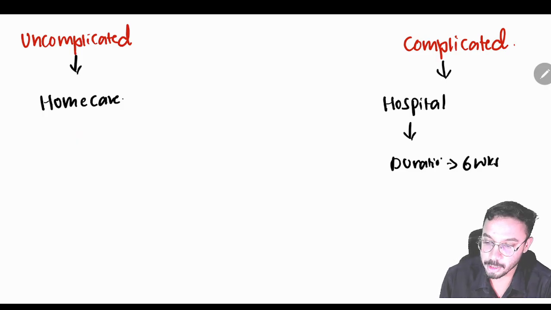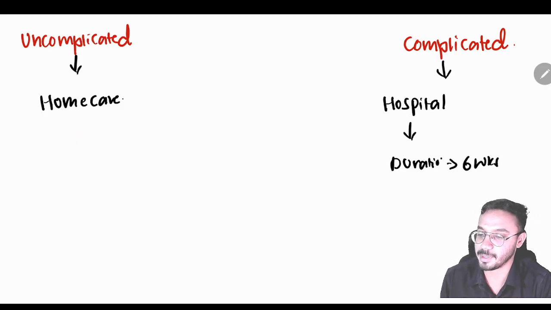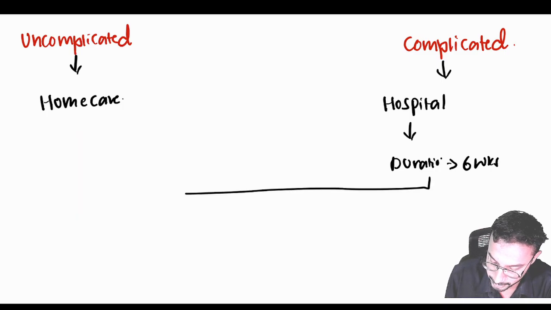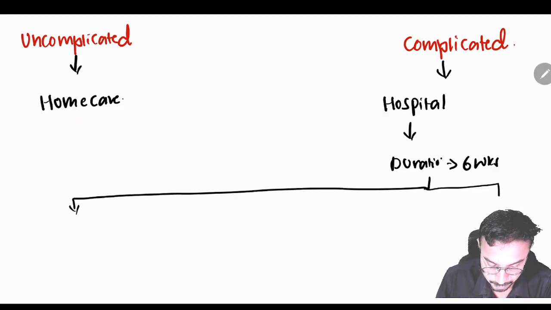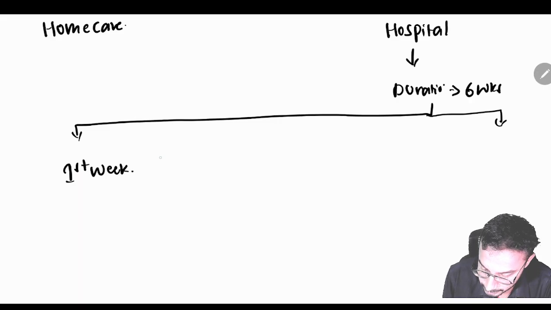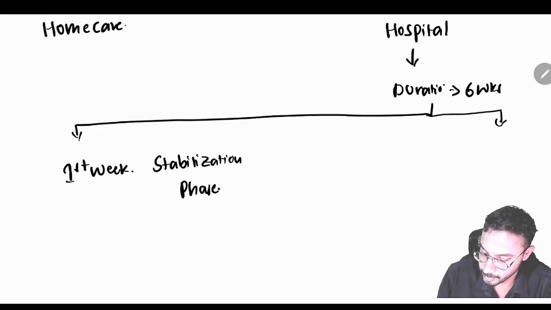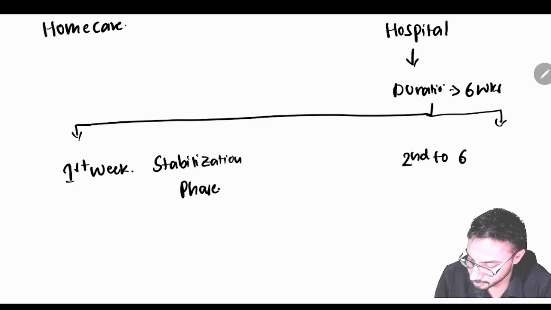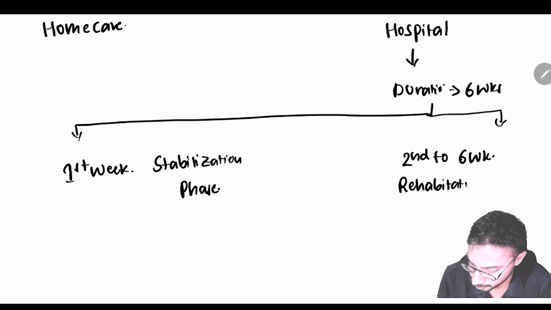Uncomplicated means no complication is present, the baby is fine. Complicated is again divided into two types. The first week of admission is known as the stabilization phase, and the rest from second to 6th week is known as the rehabilitation phase.